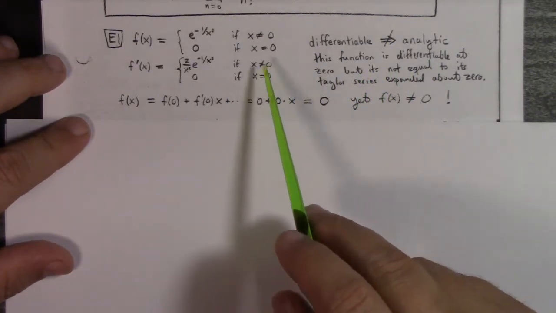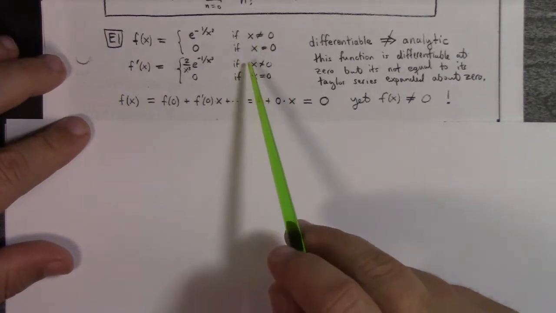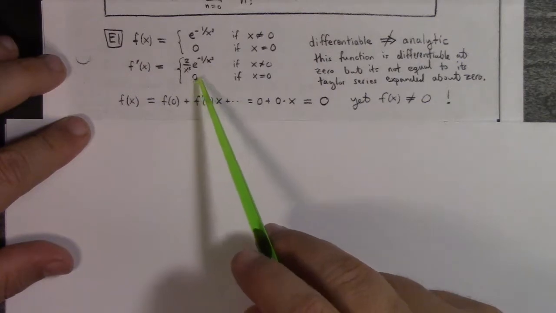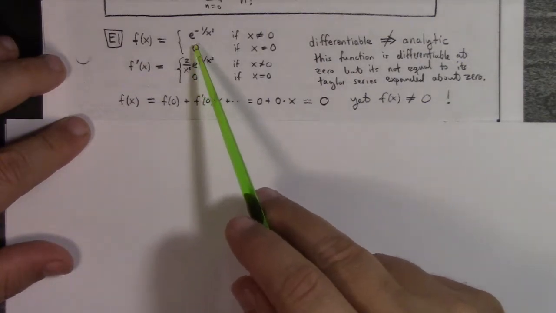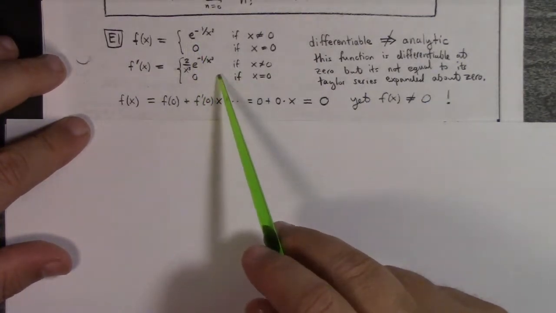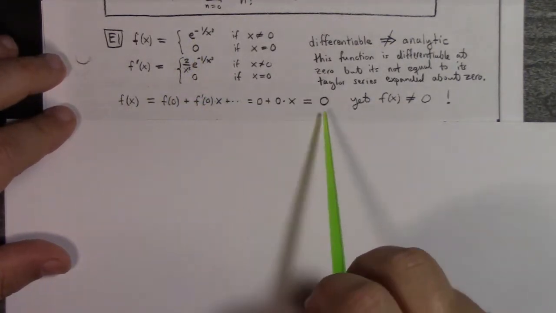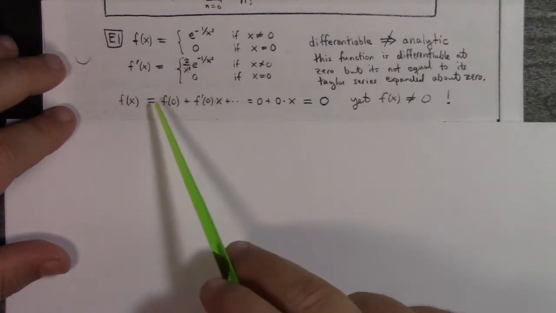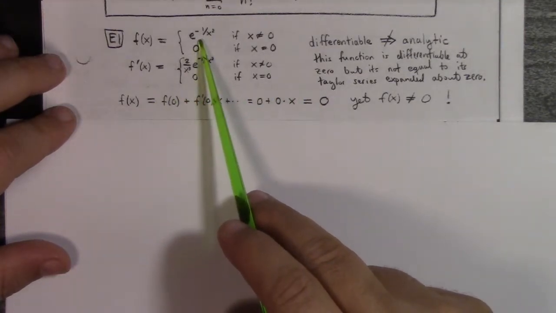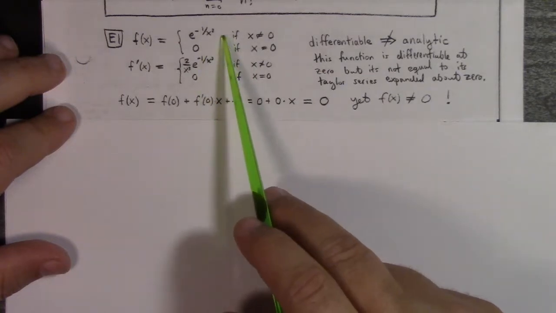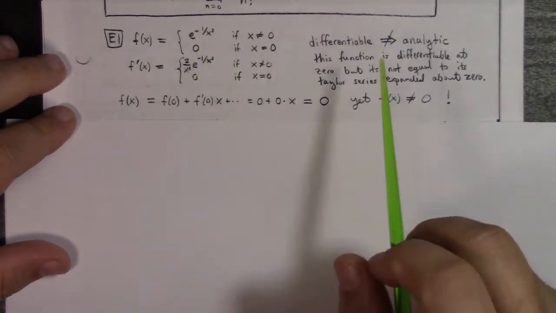So anyway, you can show that this function has derivatives of all order, and in fact all of the derivatives of this function are 0 at 0. So when you generate the Taylor series at 0 for the function, you get the function which is identically 0, and yet this function is not identically 0 near 0. So this is an example of a function which is smooth but not analytic.